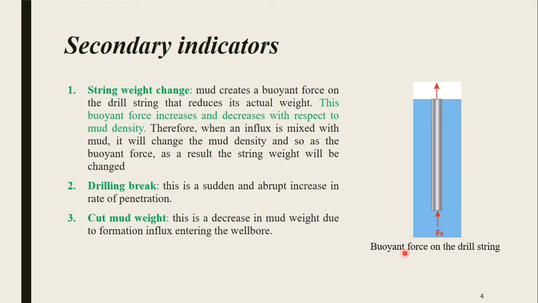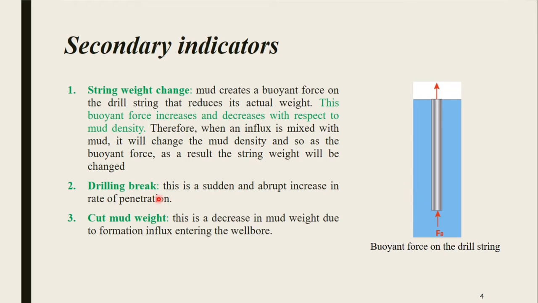And when the density is lowered, the buoyant force will decrease because, remember, they have a proportional relationship with each other. As a result, the drill string weight will also decrease. Therefore, when the drill string weight changes, usually decreases, you have to know immediately that a kick is occurring. I hope I made it clear for you because this one is complicated, I know.